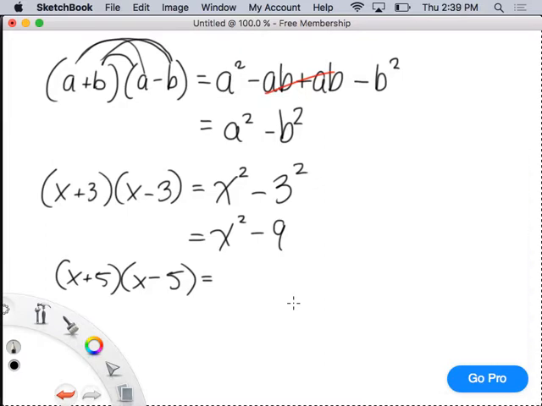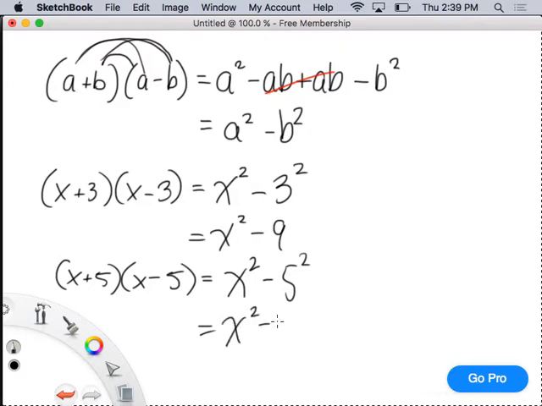Okay, pretty straightforward. Square the first, subtract, square the second. x squared minus 25. Got it? Yeah? All right.